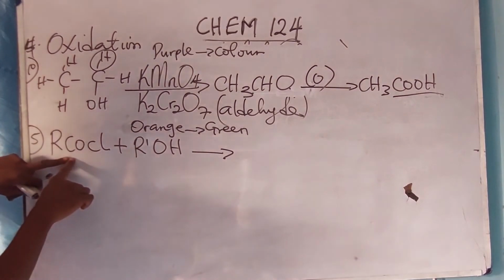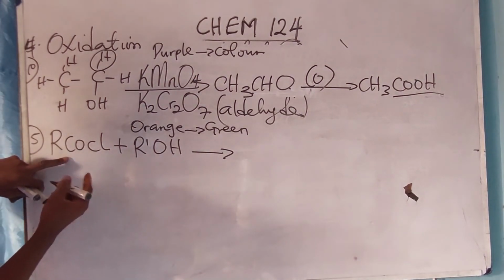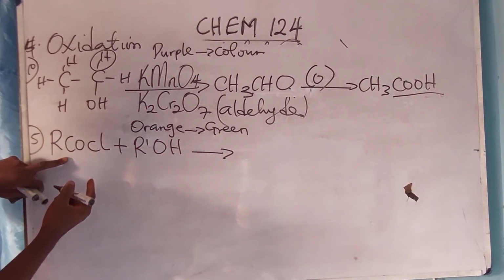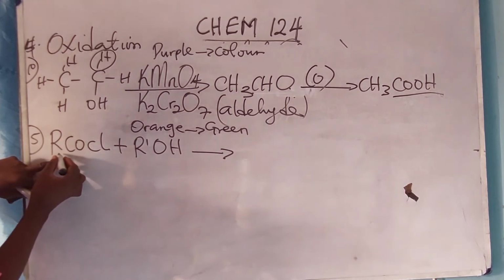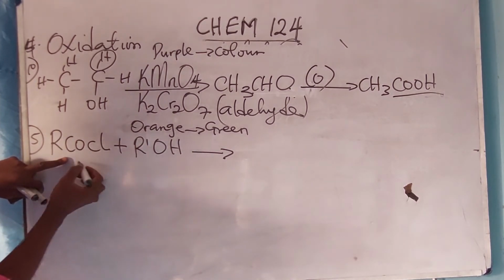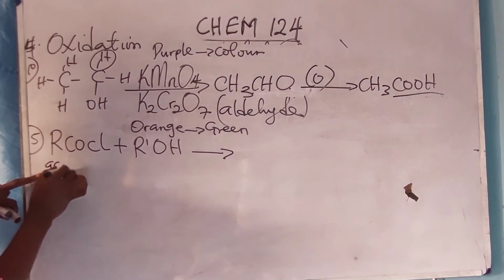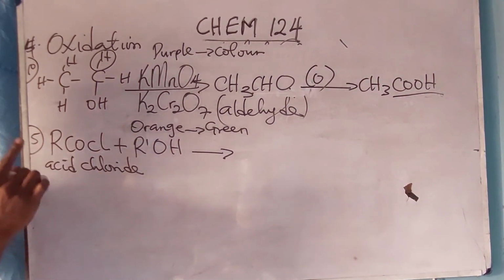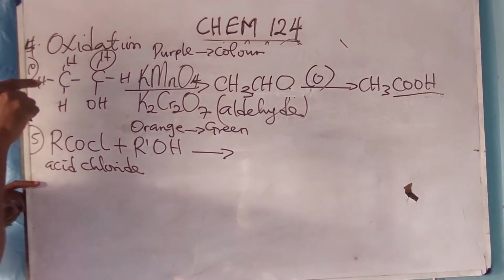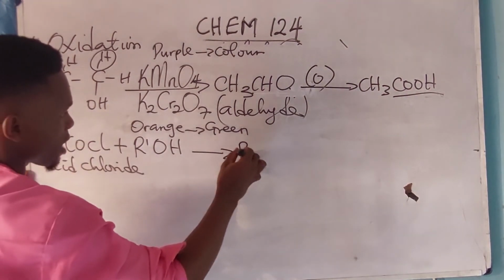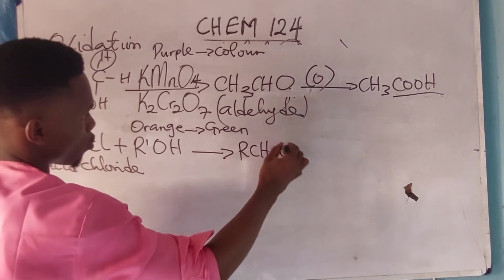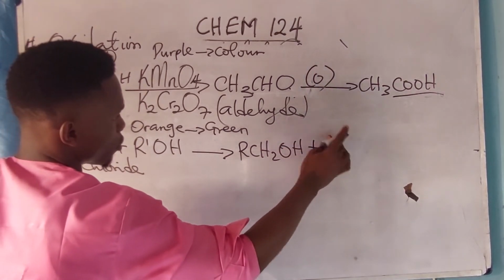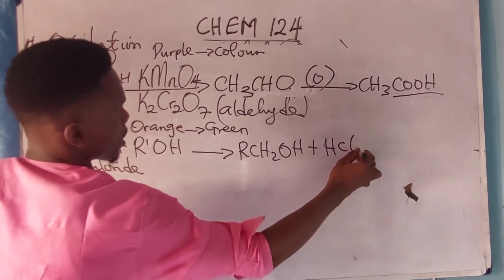I don't know if I have given us this one before. I don't think so. So if an alcohol reacts with acid chloride, this is the chemical formula. It will produce an ester and what? Hydrochloric acid. That is RCOOR plus hydrochloric acid.